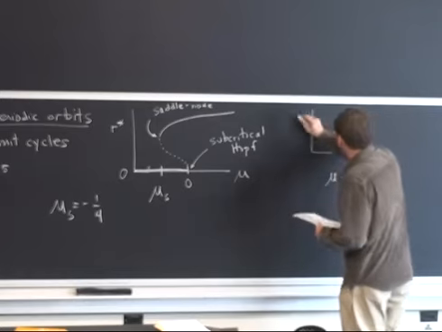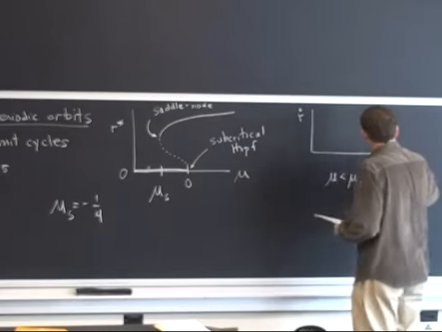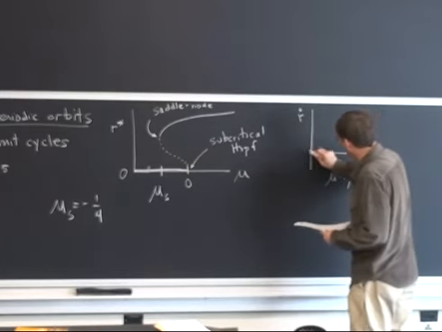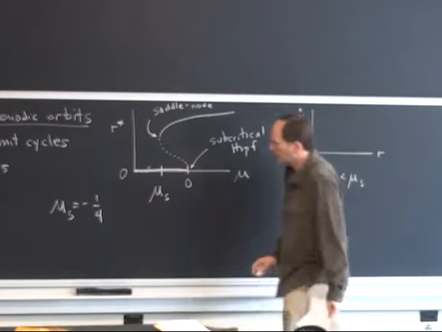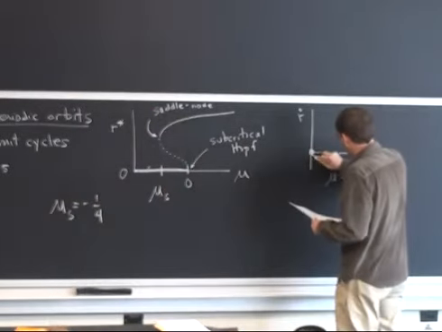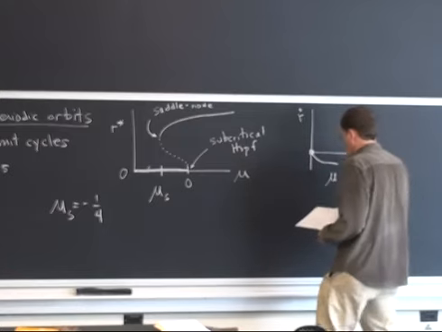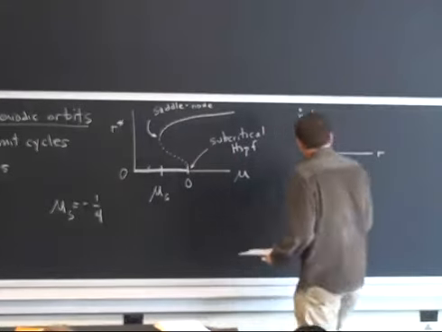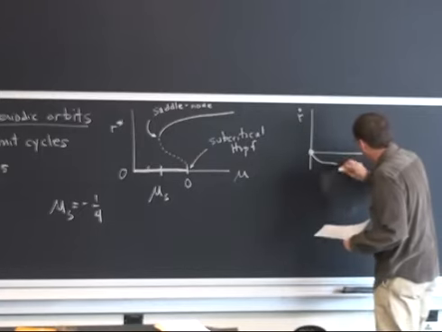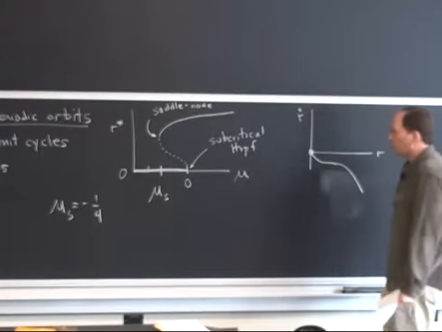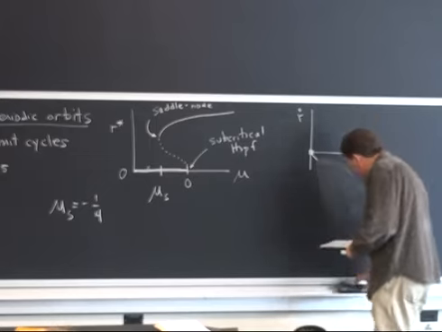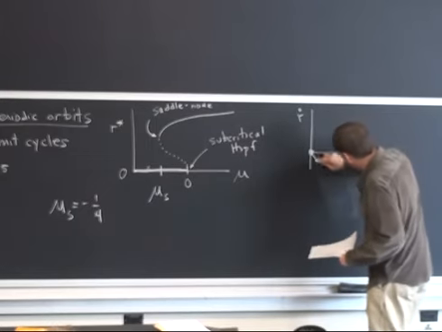Well, if we draw the r dot versus r picture, just in the radial direction, we would see something that looks like this. You can show that r dot is strictly negative except at the origin. Sorry about that. It looks sort of like the cubic. I've drawn it a bit overly flat. It could have a local min, like this.